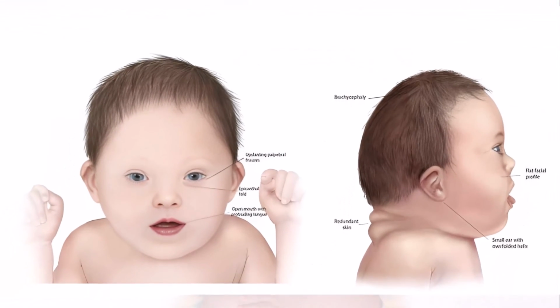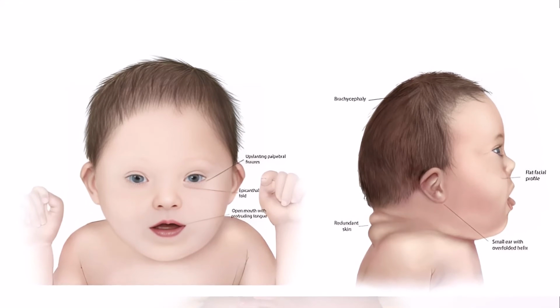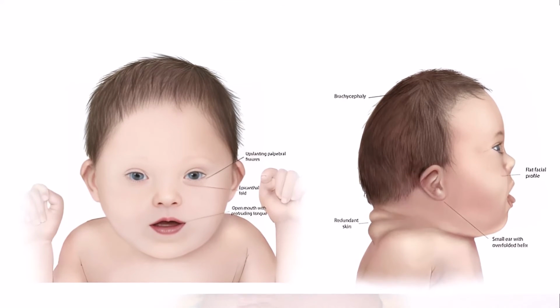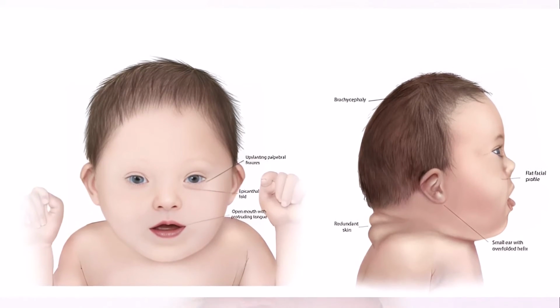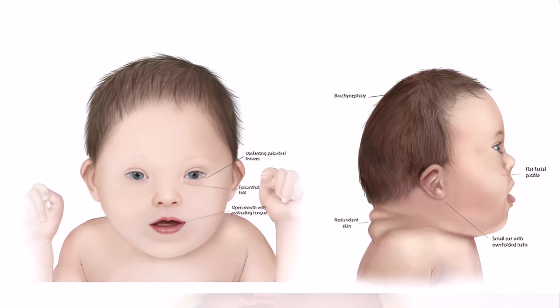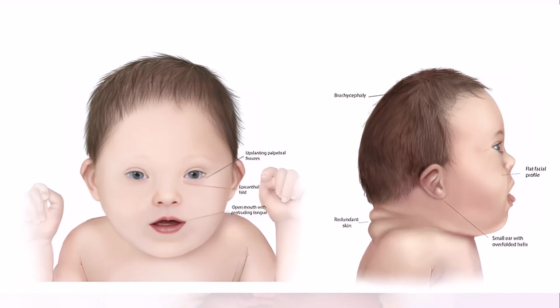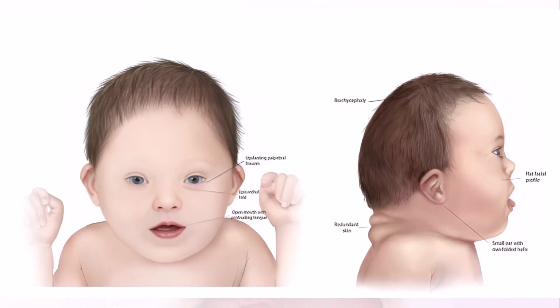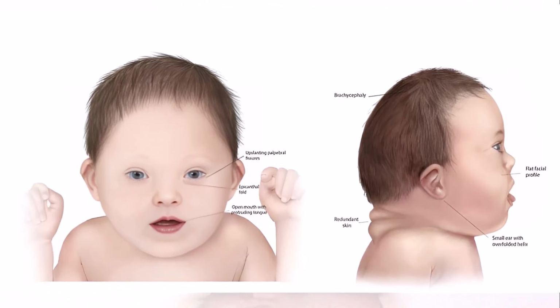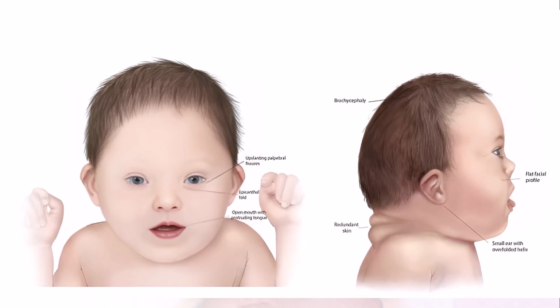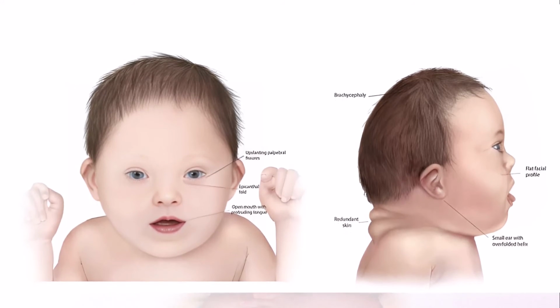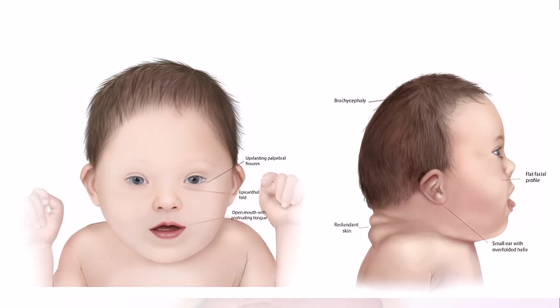Down syndrome includes certain characteristic features, including a fold of skin at the inner corner of the eyes, a rounded face, a flattened nose, short stature, heart defects, developmental delays, a shortened lifespan, and susceptibility to leukemia and Alzheimer's disease.